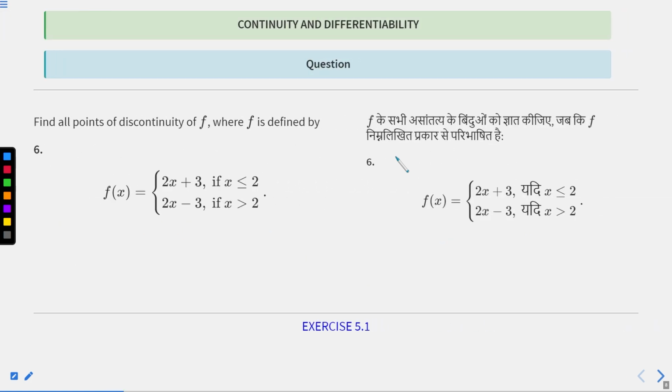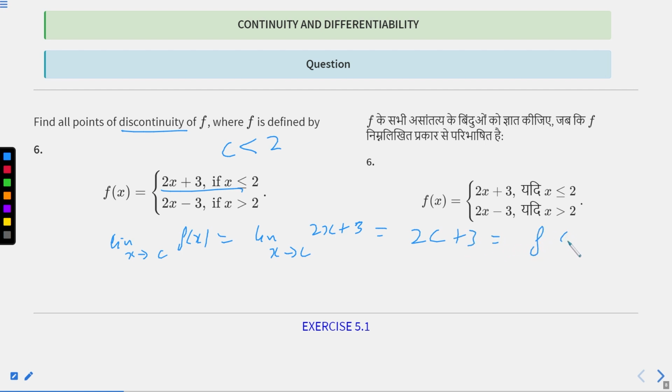Now moving to the next, you will have to find out the point of discontinuity. Very simple. If you take any c less than 2, then the limit as x tends to c, you will have to work with this function, f(x) = x plus 3, then your limit will be f(c).